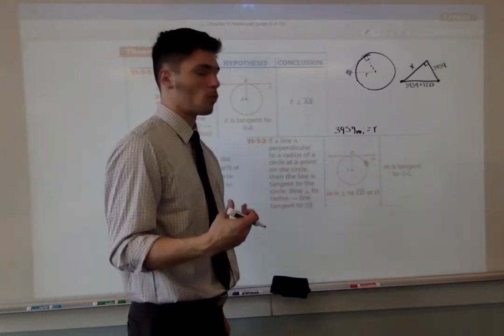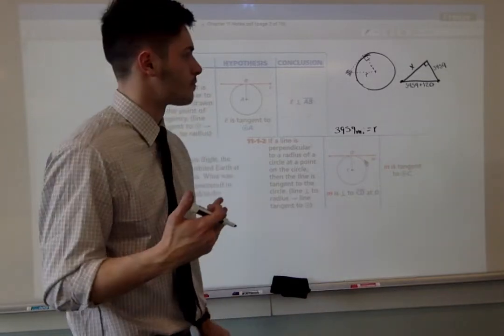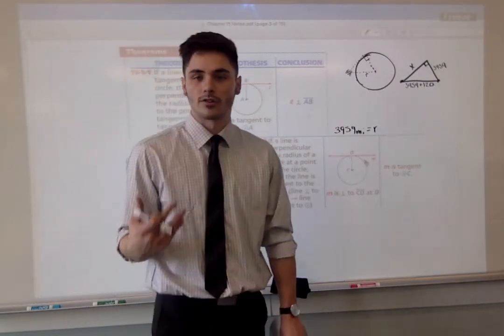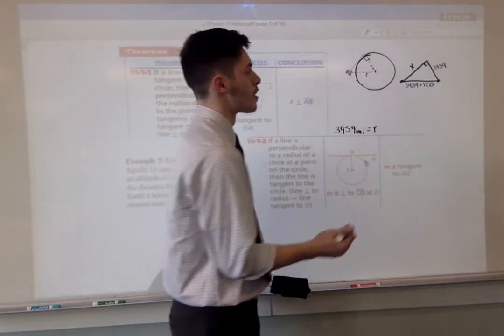As you can probably guess, the way that we're going to solve this problem of finding the legs of a right triangle is with the Pythagorean theorem.